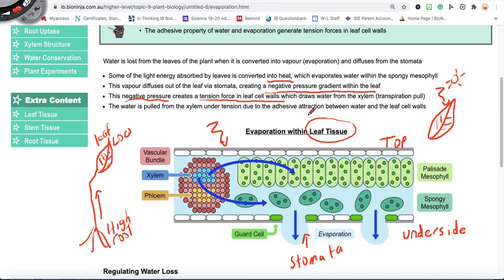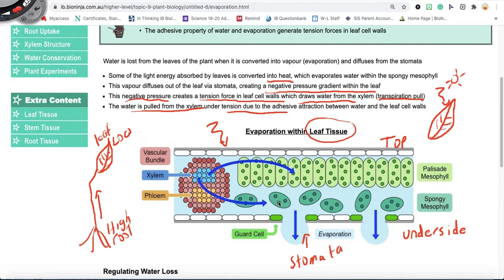And when that tension force draws the water up, the water is going to be transported through xylem, which is the tissue that transports water in the plant. That pool of water moving from the roots to the leaf is called the transpiration pull. That means that the water is being pulled from the xylem under tension due to the adhesive attraction between water and the leaf cell walls.